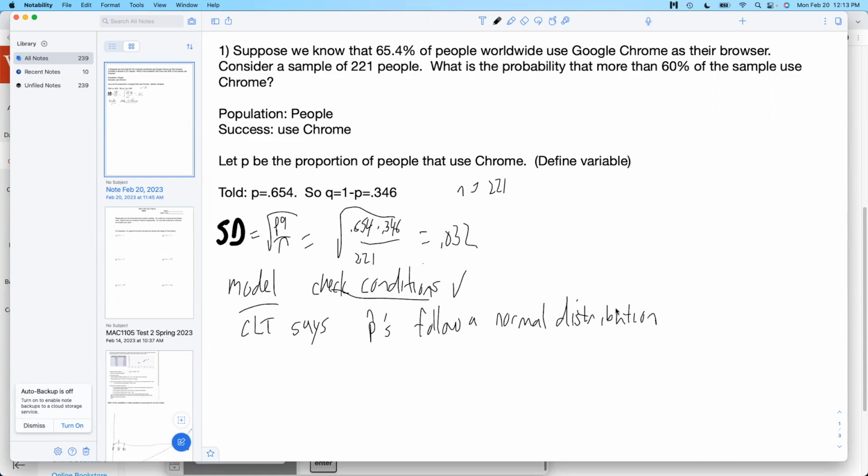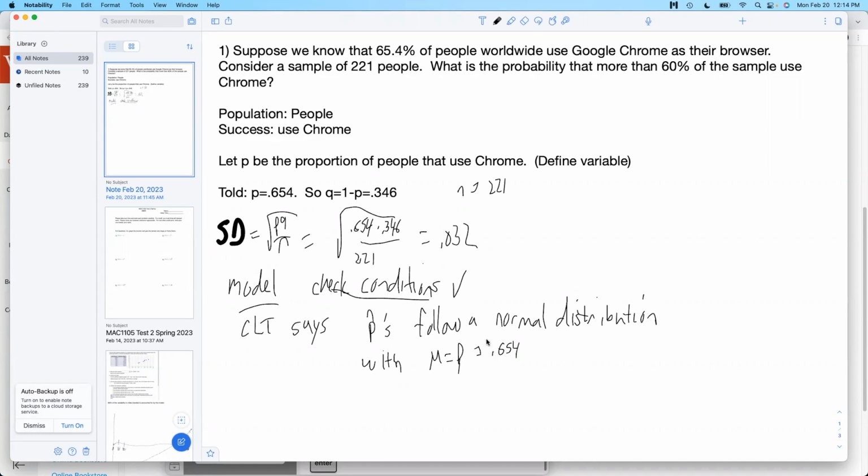When I say, tell me the model, that's the sentence you would write. The p-hats follow a normal distribution with mean mu equals the population success rate, which was 0.654.